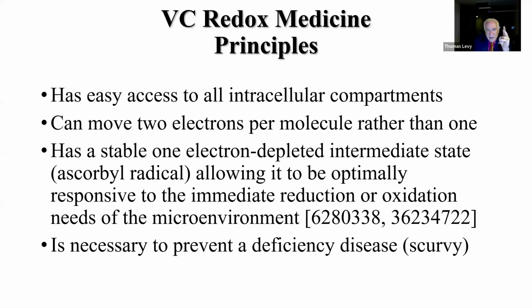Also, interestingly enough, it can move 2 electrons per molecule rather than 1, giving it a doubly efficient ability in that regard. It also has a stable 1 electron depleted intermediate state called the ascorbyl radical. And this is an amazingly stable species, and it's able to adapt to the demands of the microenvironment, be it oxidation or reduction. And of course, as I mentioned, if you don't take vitamin C, you die of scurvy.